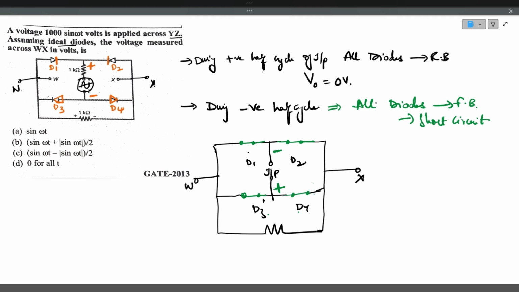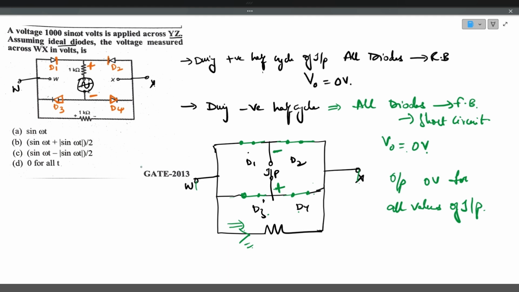Now, what will be the output voltage? The current flows through the diodes only. There won't be any current flow across this resistor because the short circuit, this closed switch of the diodes, will offer low resistance compared to this path. So W and X, the output voltage, is taken across the short circuit, which is 0 volts. So the output remains 0 volts for all values of applied input voltage.